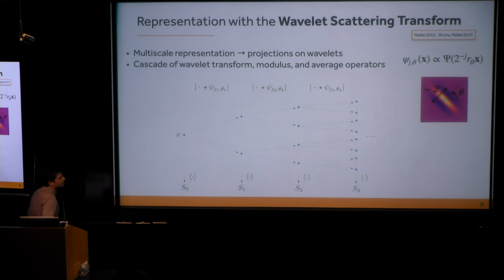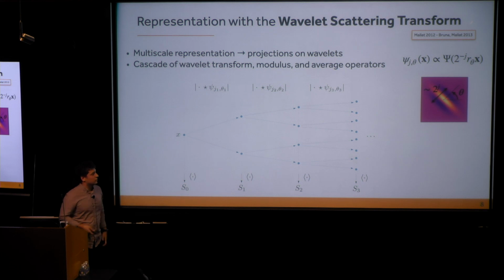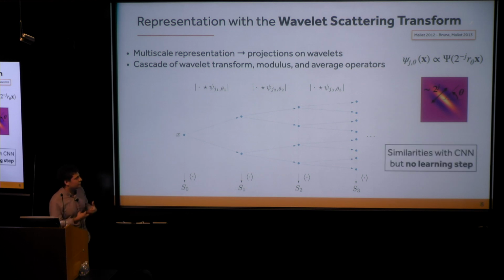What's really interesting is that the S2 coefficients quantify the interaction between scales. And we get a set of coefficients that describe your data in a way you can understand. It's similar in structure to a CNN, not exactly the same, but there is no learning step.